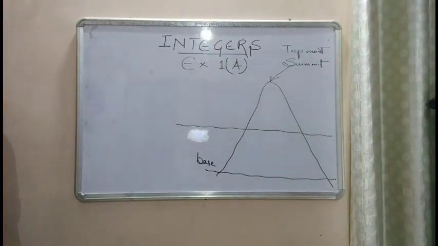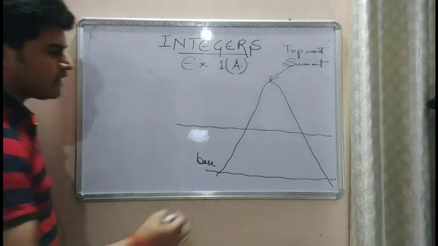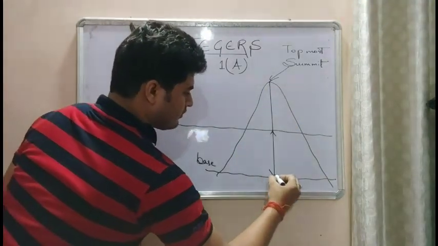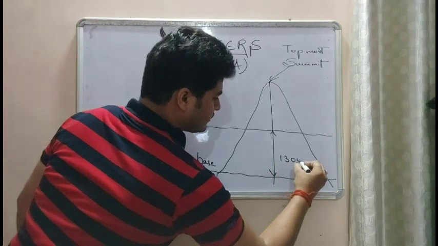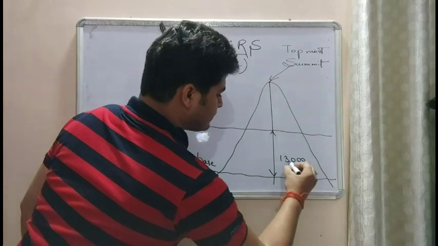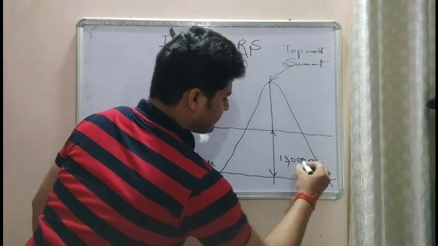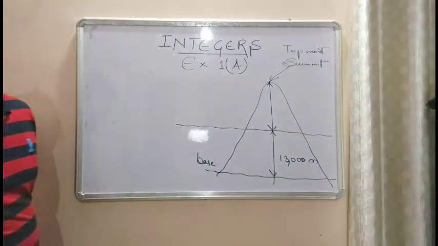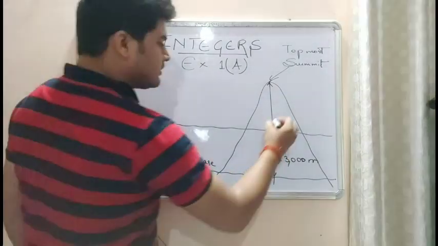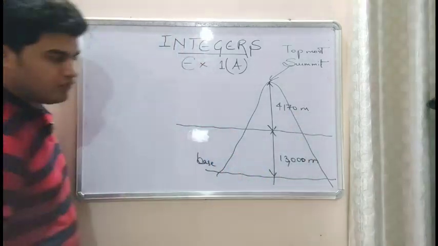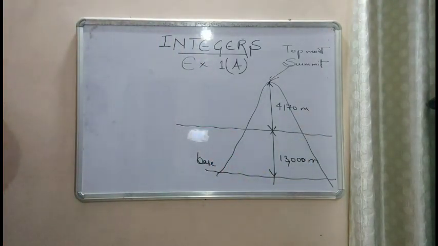So the base is 13,000 meters below the sea level. And the summit is 4,170 meters above the sea level.